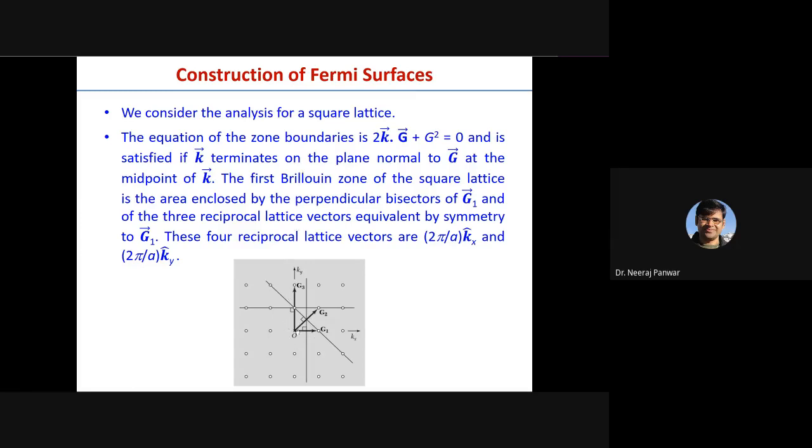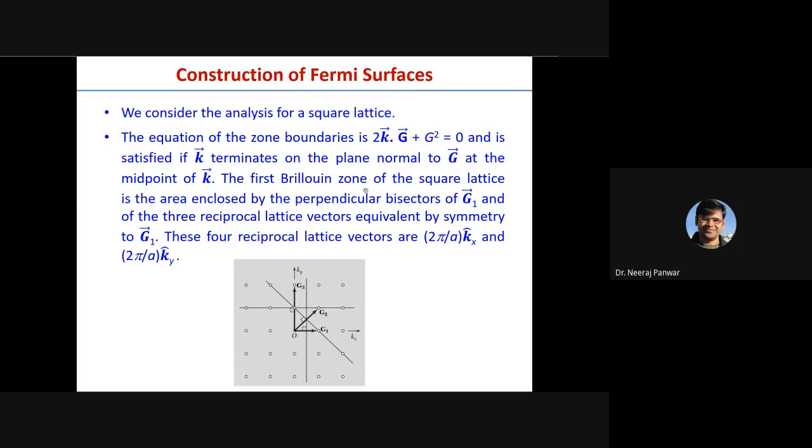That is the first Brillouin zone. Then if we connect the second nearest neighbor points, the perpendicular bisectors of these vectors will form the second Brillouin zone. Similarly, if we connect the third nearest neighbors and draw the perpendicular bisectors, we form the third Brillouin zone, and so on. Higher Brillouin zones can be constructed in this way.